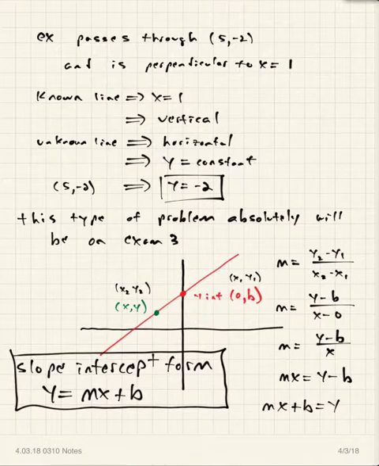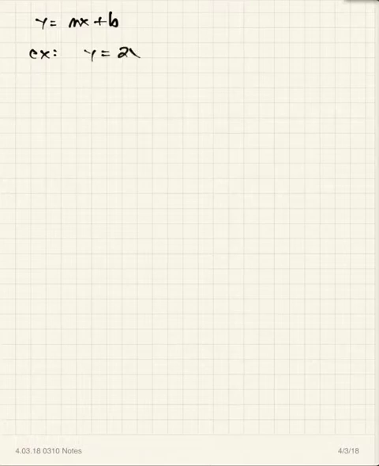What this form is saying is that if you have an equation of a line written in that form, the coefficient of the x is the slope, and the constant term is the y-intercept. The nice thing is that as soon as you write down an equation in slope-intercept form, boom, you've got the slope and the y-intercept immediately.